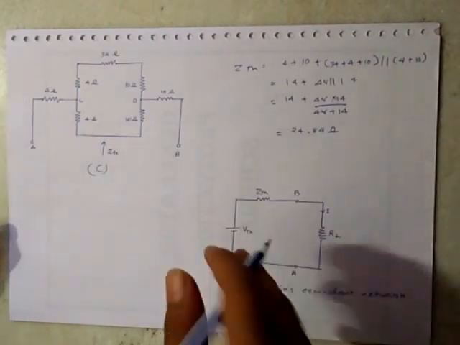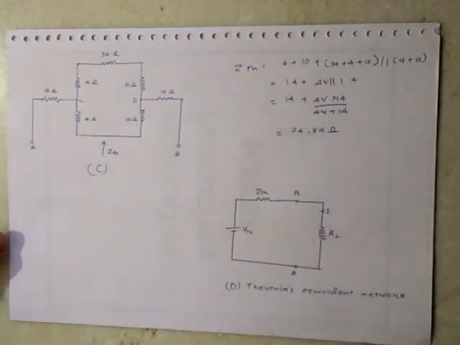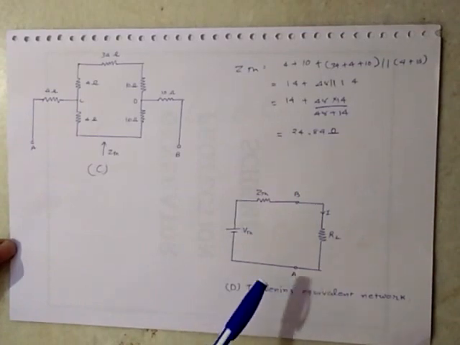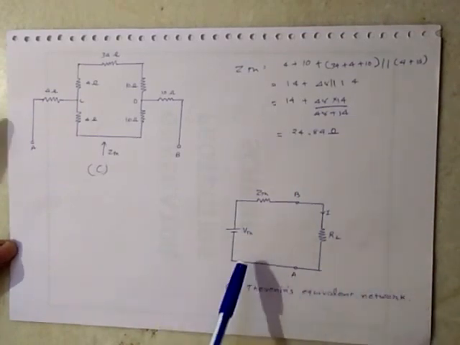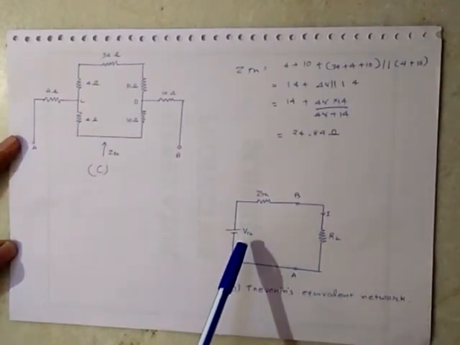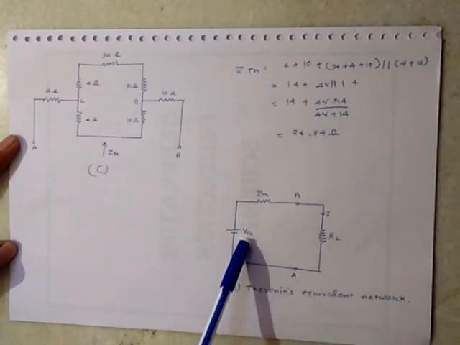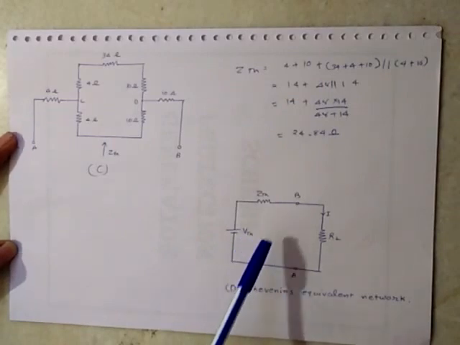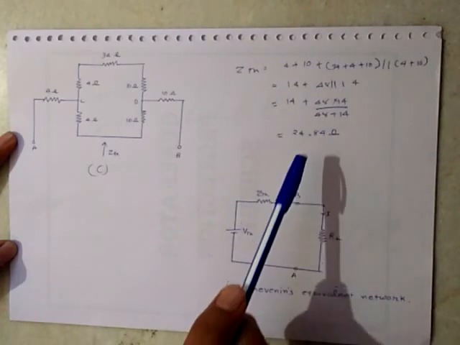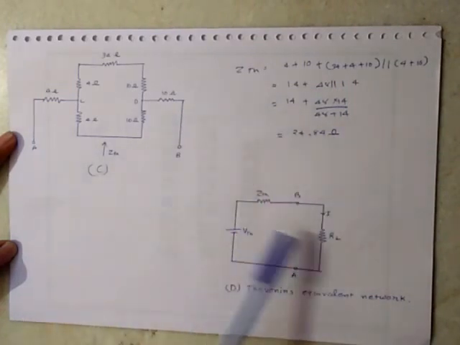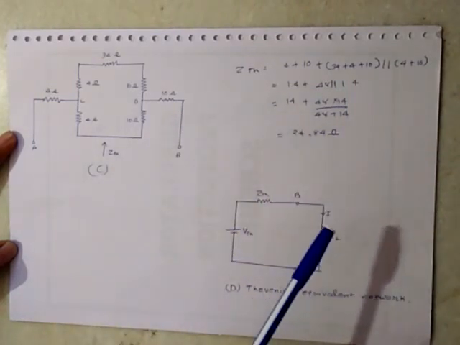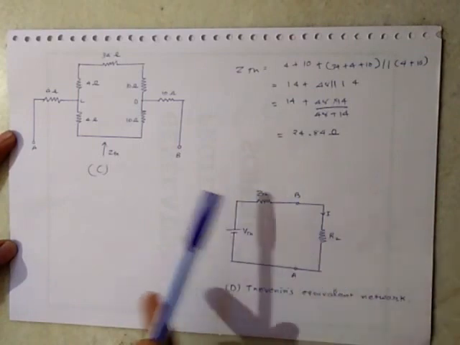This is the Thevenin equivalent resistance. Now the Thevenin equivalent network is shown here. We have already calculated the Thevenin equivalent voltage, that is 139.35 volt, the Thevenin resistance, that is 24.84 ohm, and the load resistance is already given as 10 ohm.